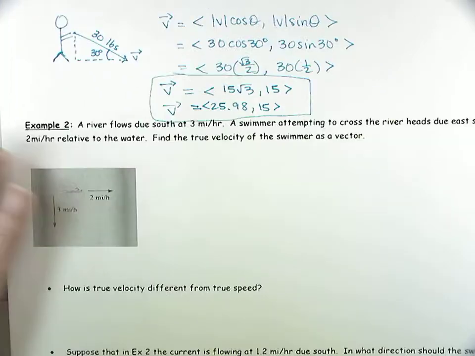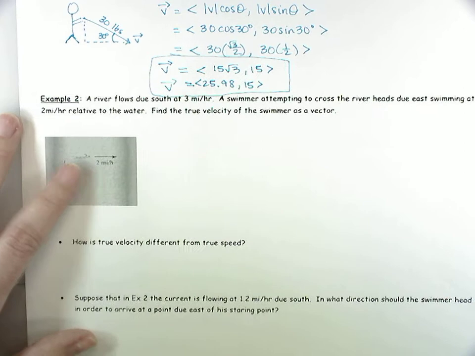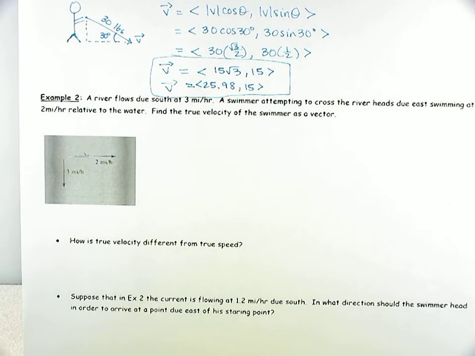All right, so going to example 2, this is the one that I asked you to start, and they drew a picture for you, but I always think it's helpful to draw my own picture so I can get a sense of what's happening in the problem. So it starts off saying that a river flows due south at 3 miles an hour, okay? And this you could either choose to put on the grid or off the grid, it just depends.